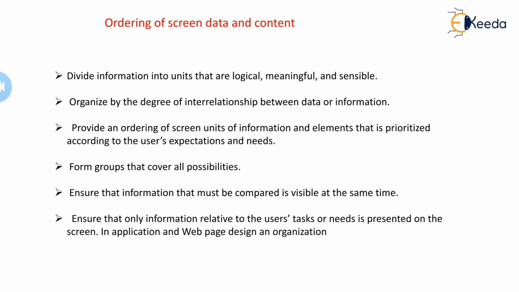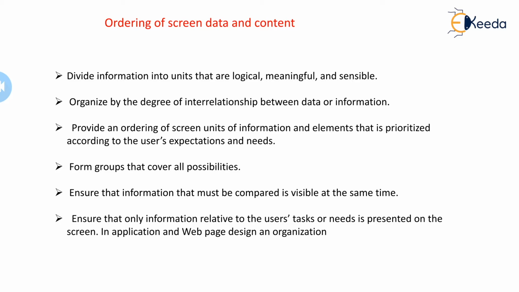Then it is arranged by the degree of interrelationship between the information or data, with conceivable ordering plans incorporated. So it's general to specific. First general information is given, then if you want specifics, you go ahead with the specific information.